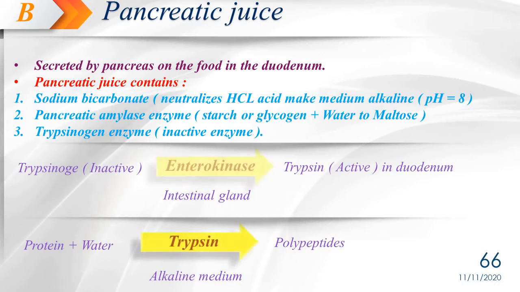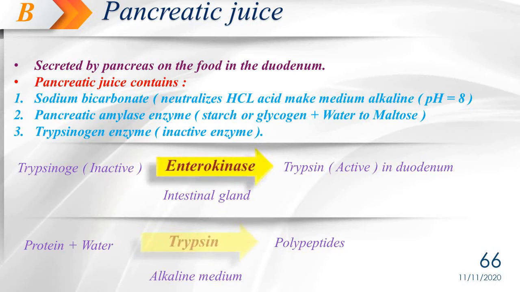Pancreatic juice contains sodium bicarbonate, which neutralizes the acidic effect of the HCl from the stomach and makes the medium of the small intestine alkaline, with a pH of about 8.